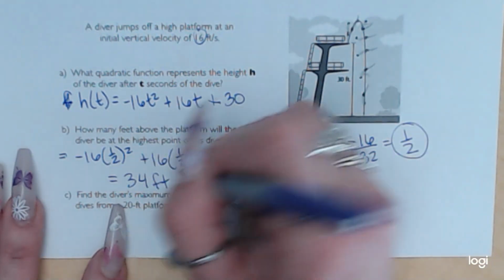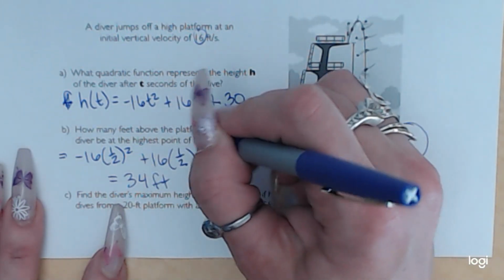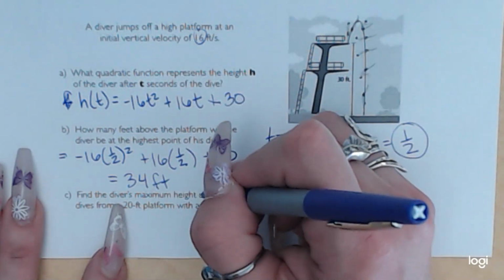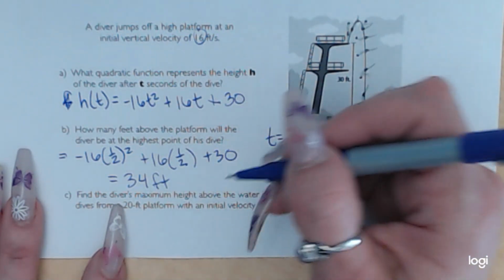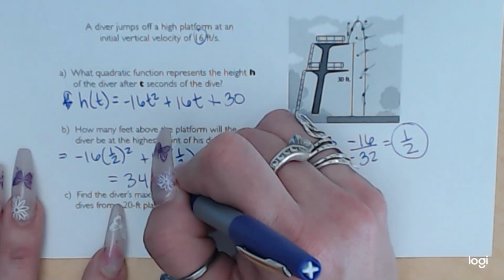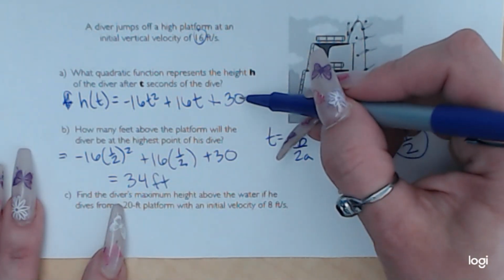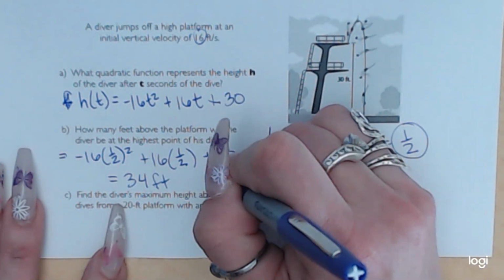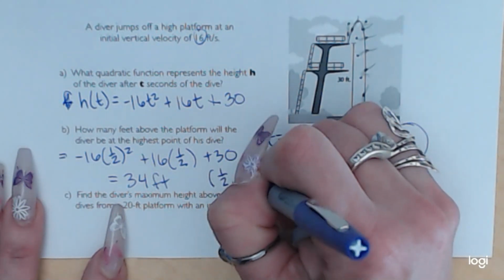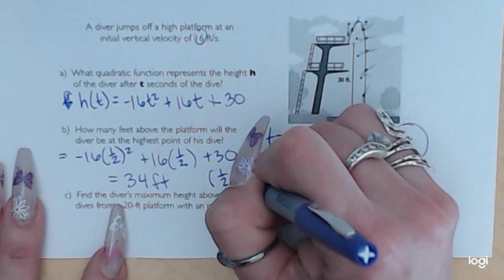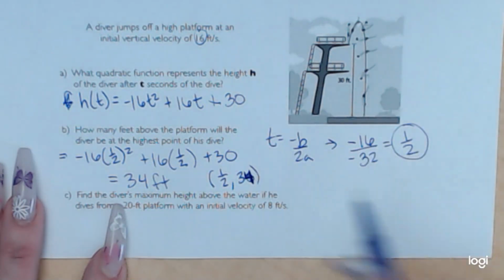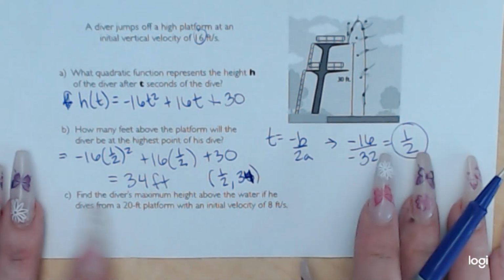Remember, we're looking at the highest point, how many feet above. And so the highest point is 34 feet. The starting point is 30. So the vertex is 1/2, 34. X value, y value.